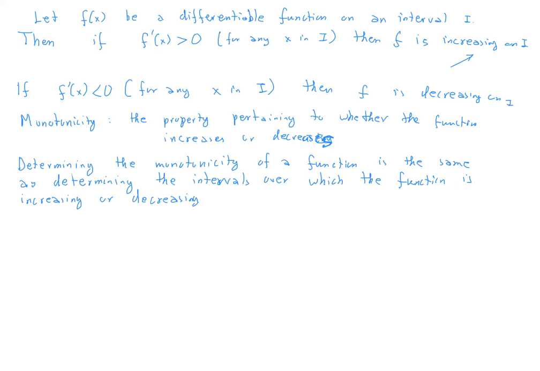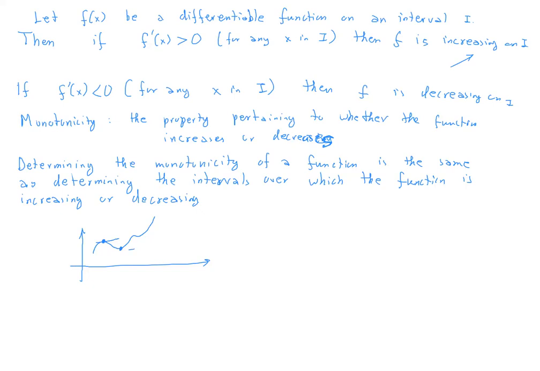And the ideal picture that we're going to have is something like this. So each interval of monotonicity is interrupted by a critical point, pretty much.